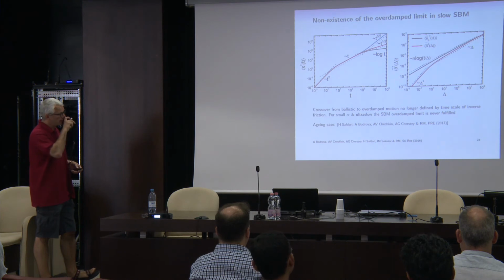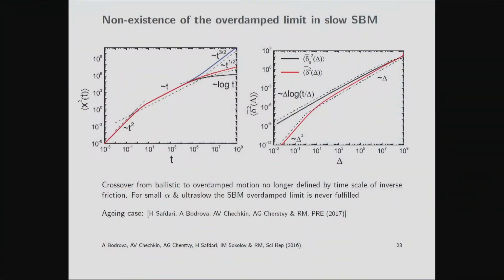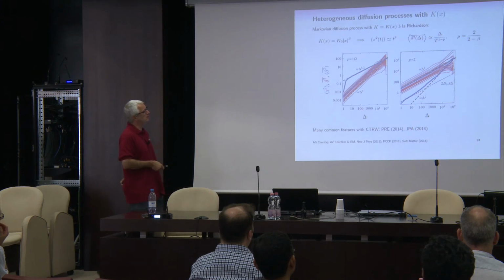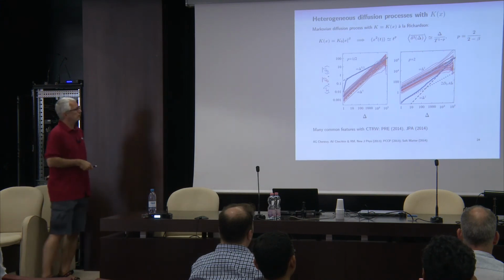And interestingly, a very delayed crossover to the overdamped limit. Another system is when the diffusivity is a power law function of the distance or the location. Then you also get very similar behavior. You get these non-ergodicities.